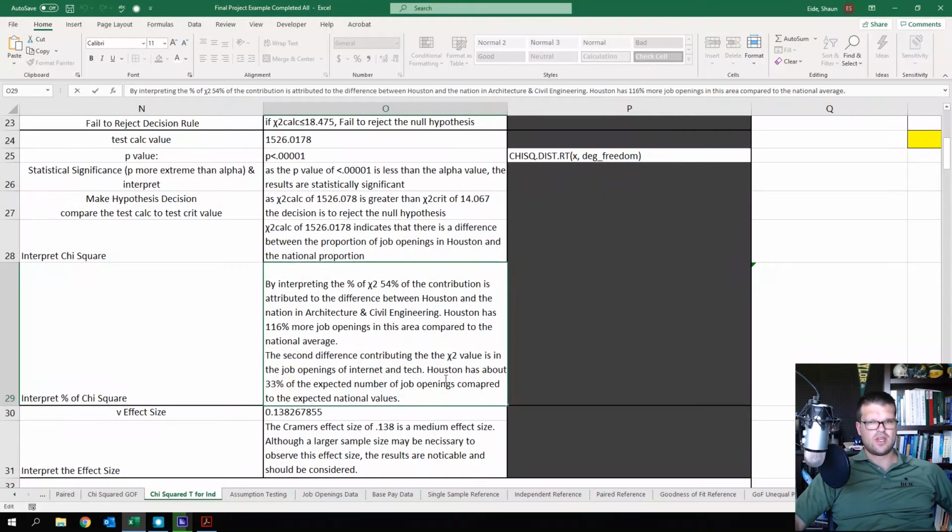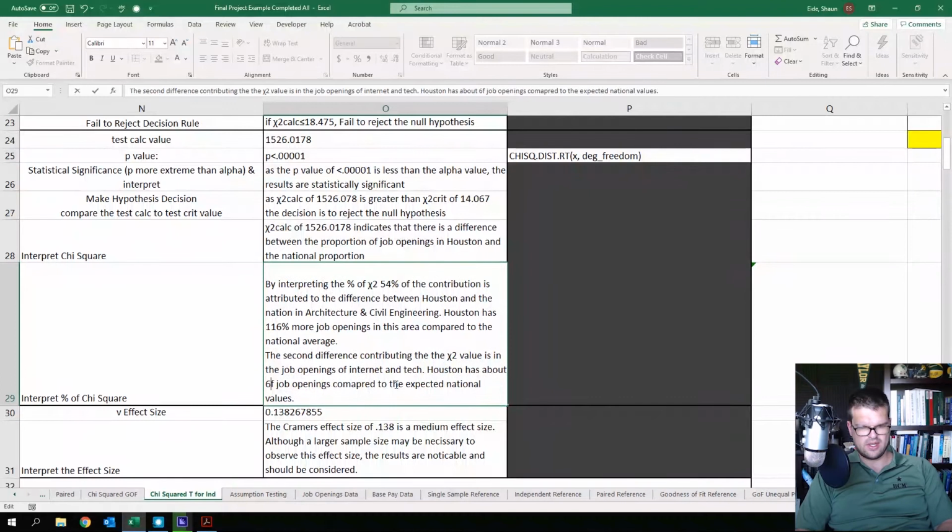So Houston has about 69%, I don't know why I said 33, about 69% less job openings in this area compared to the expected national values, or national proportion.